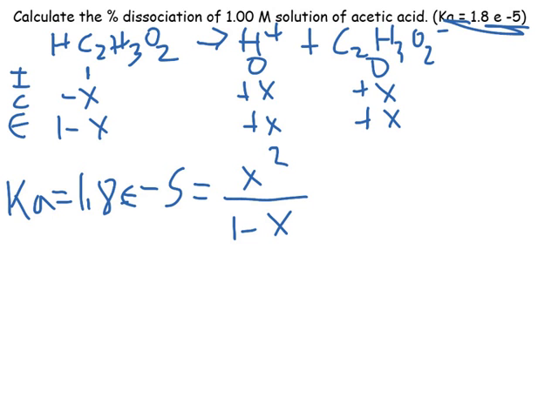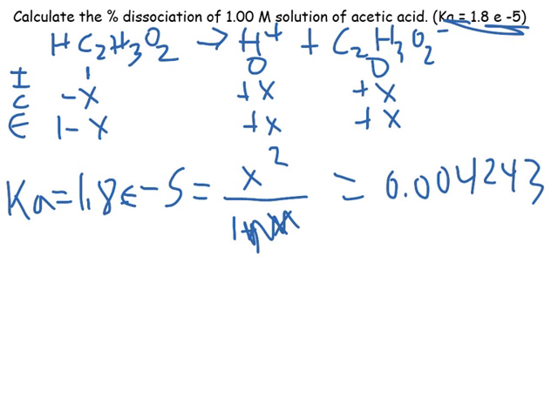And we can pretend this x isn't here because it's really small. Now we just have to take the square root of that number. Give me a sec. Sorry. It's going to be about 0.004243.